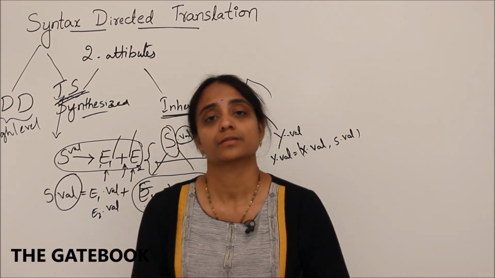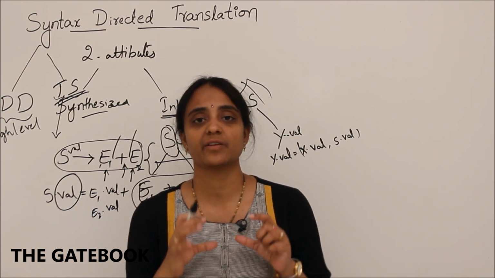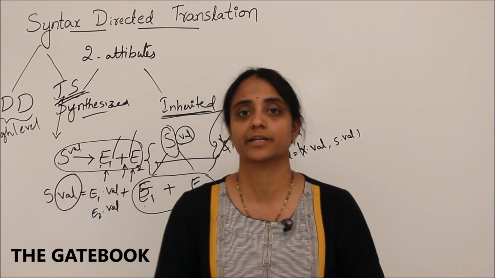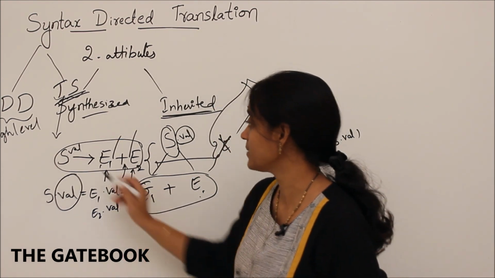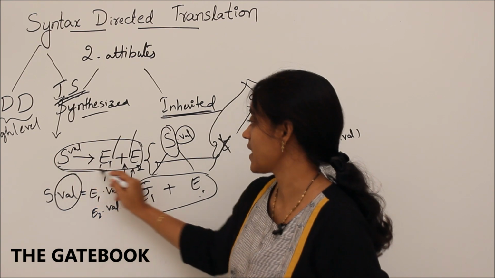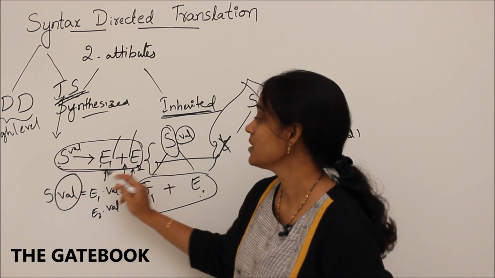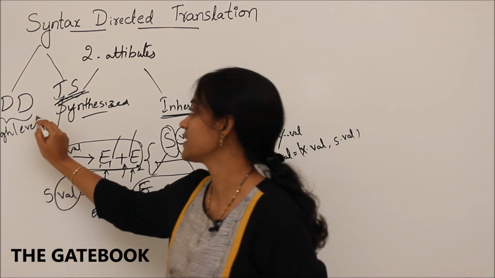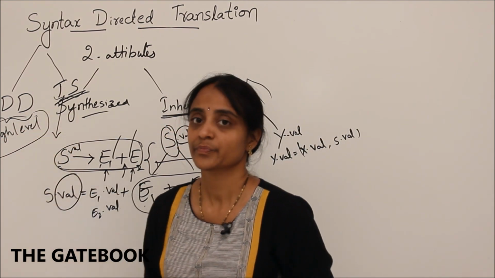So a translation schema also tells when exactly it needs to be computed, apart from saying that whenever I replace this with this value, I have to compute one attribute, which is what syntax directed definitions tell.